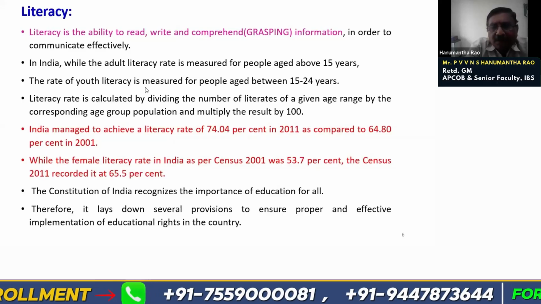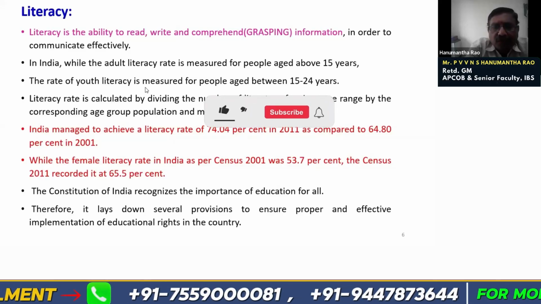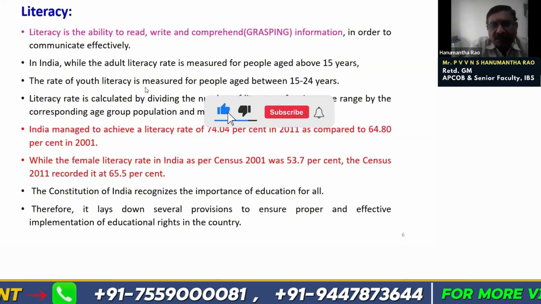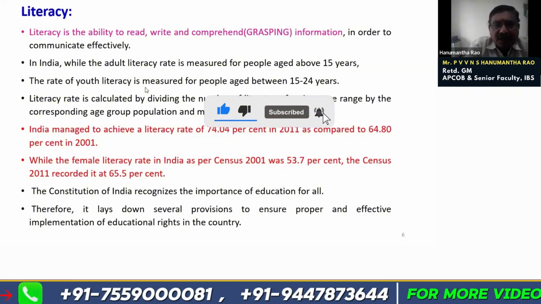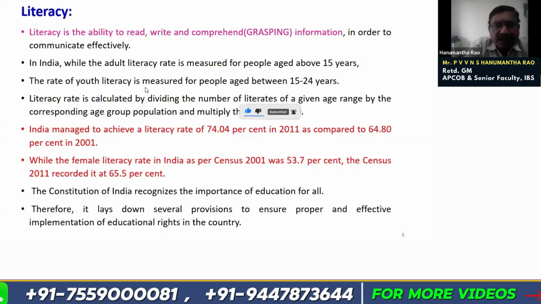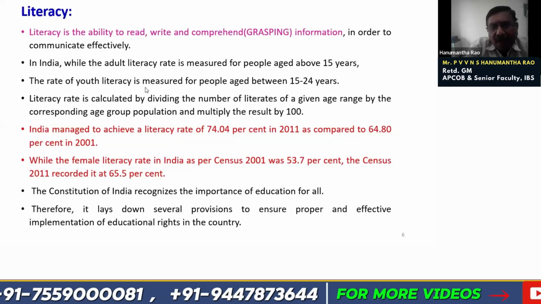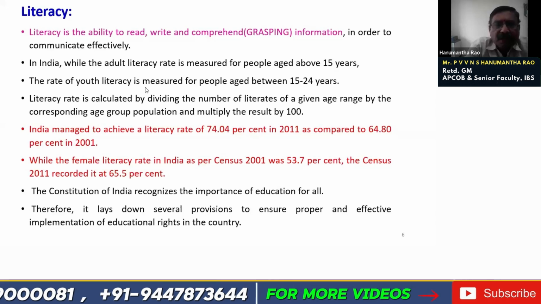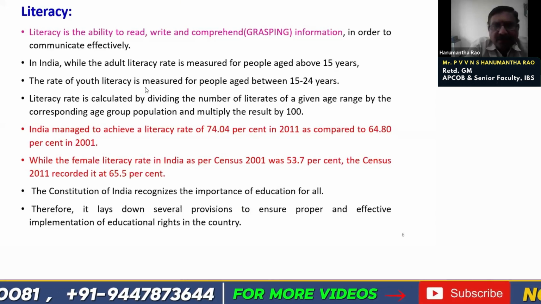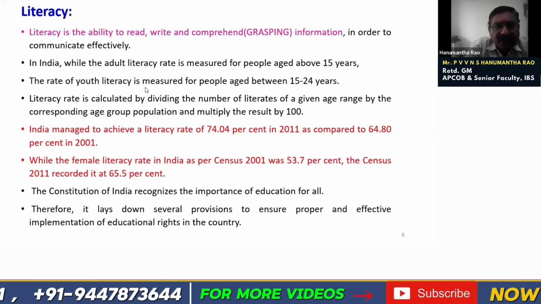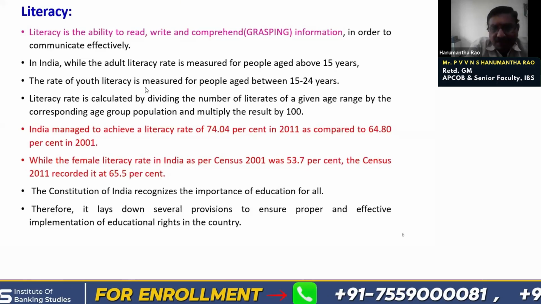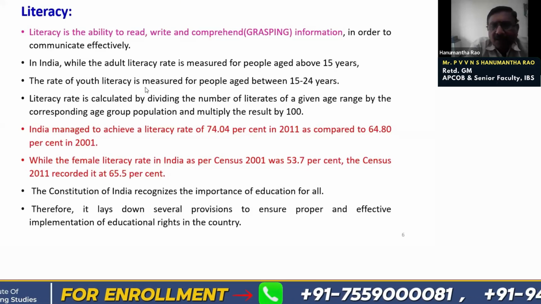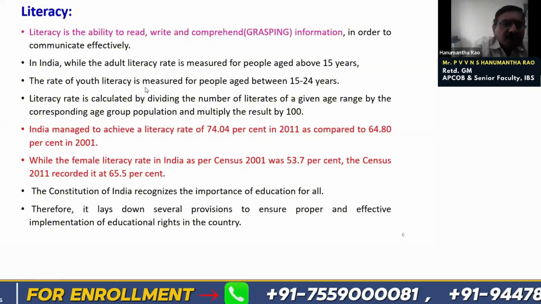So under that particular bracket 15 to 24, what is the population of our country? So the literate persons divided by total population into 100. By using such a formula, they will come to know the percentage of adult literacy or youth literacy, whatever they want, they will follow such type of formulas.